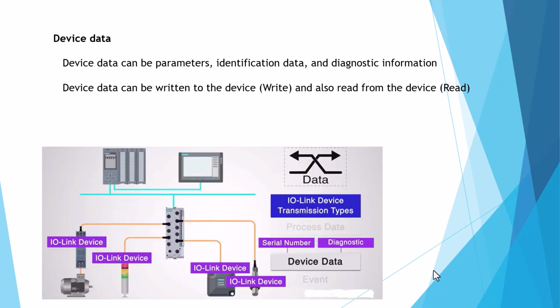Device data can be parameters, identification data, and diagnostic information. This can be written to the device, which is called write, and also read from the device, which is called read.